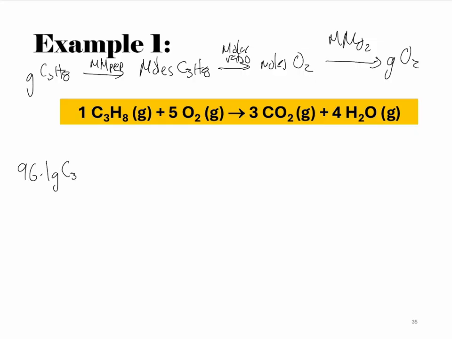All right, so we start with 96.1 grams of C3H8. And we're going to use the molar mass of propane. So what's the molar mass of propane? How would we calculate the molar mass of C3H8? The periodic table, right?